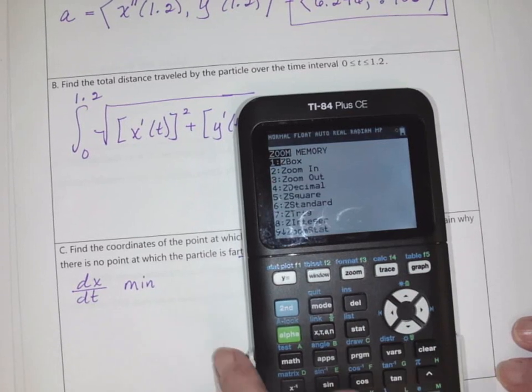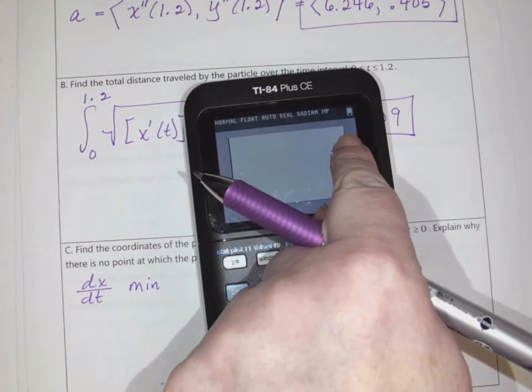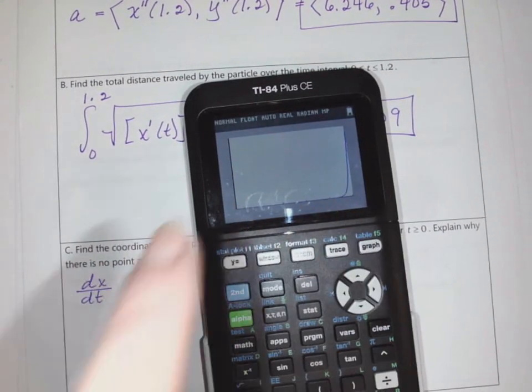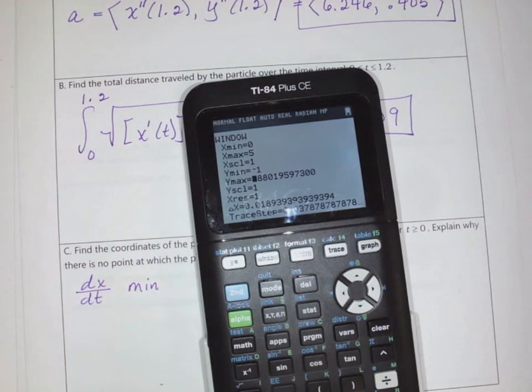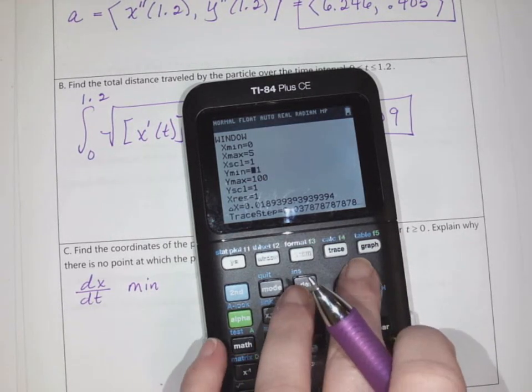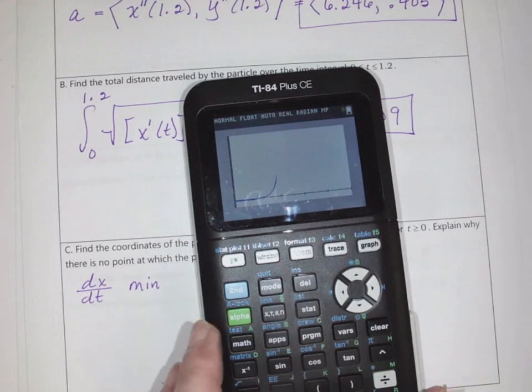So let's go zoom 0. Okay, so we're gonna have to adjust here because see how this is all along the, so that's way too big. So let's go to, let's say 100, and let's do this one at -10. Let's see how that does.